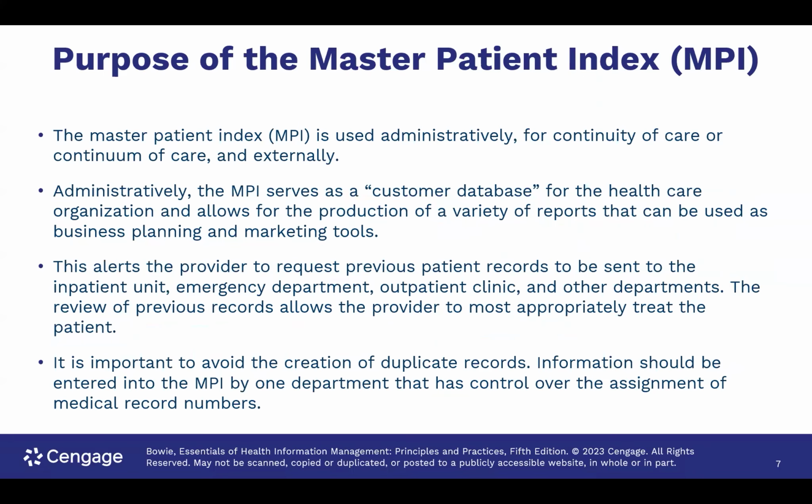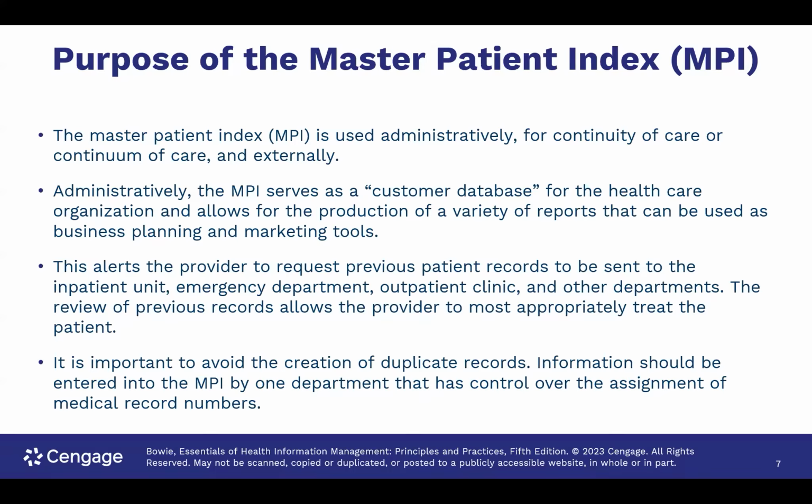So what does the master patient index do? It basically matches each unique patient with their information. You can think of it as a customer database for a healthcare organization. And again, one of the things we want to do, just like when we had people sign up for the Canvas class, is avoid the creation of duplicate records.